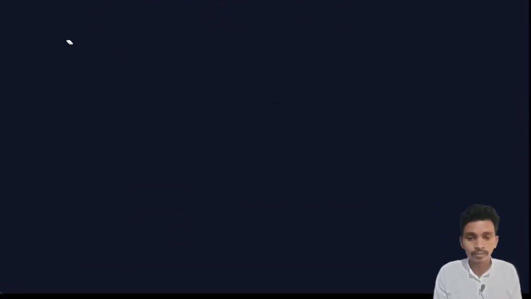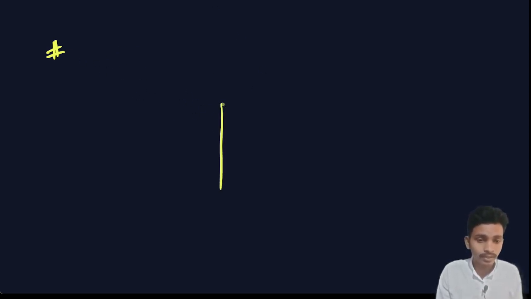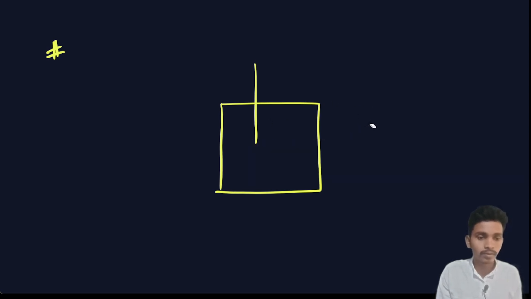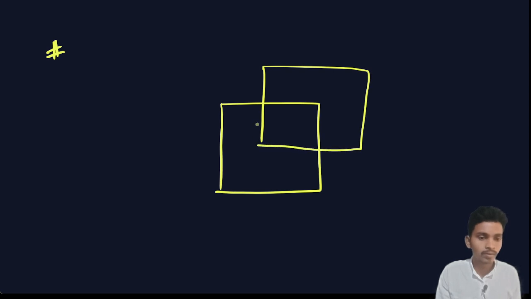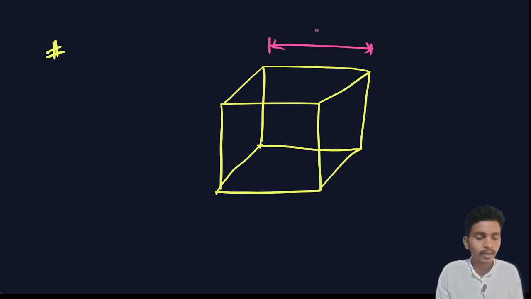Now we will talk about any cubic unit cells. This is a cubic unit cell. Let's say the length of the cube is a, then all lengths will be a.